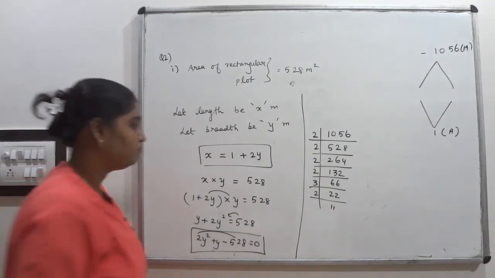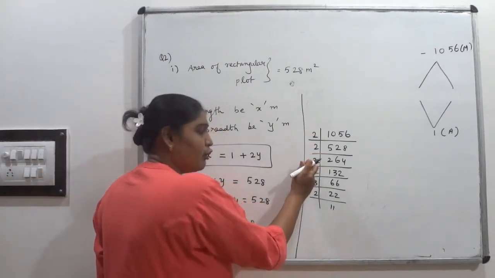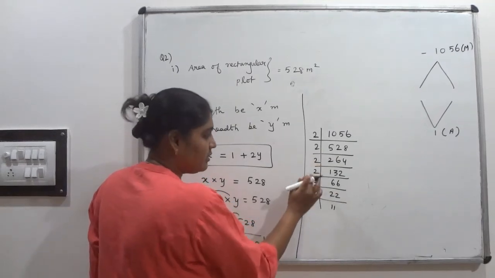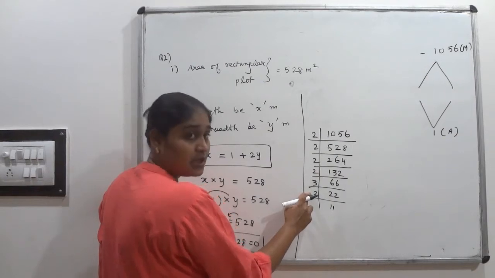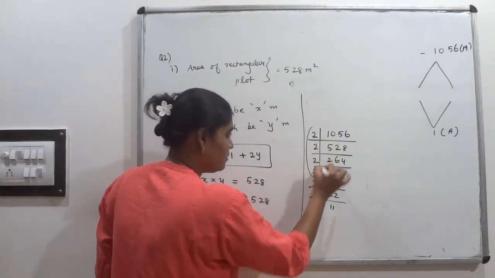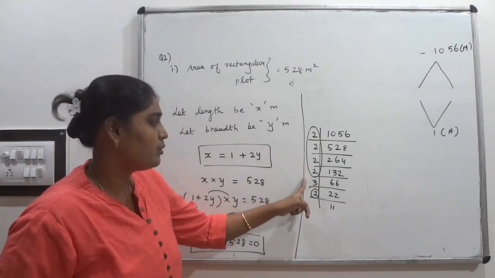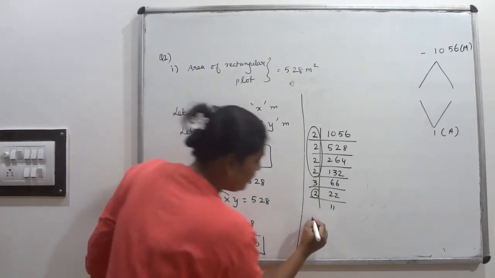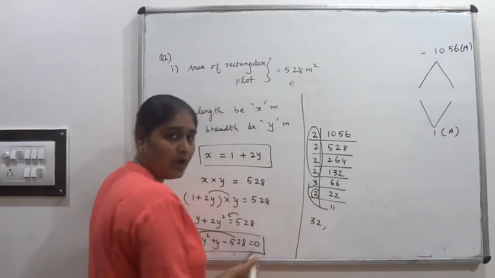Now you check. 2 into 2 is 4, 4 into 2 is 8, 8 into 2 is 16, 16 into 2 is 32. I have taken all these 2's: 2 into 2 into 2 into 2 into 2, that is 32. Now you take 11 and 3.